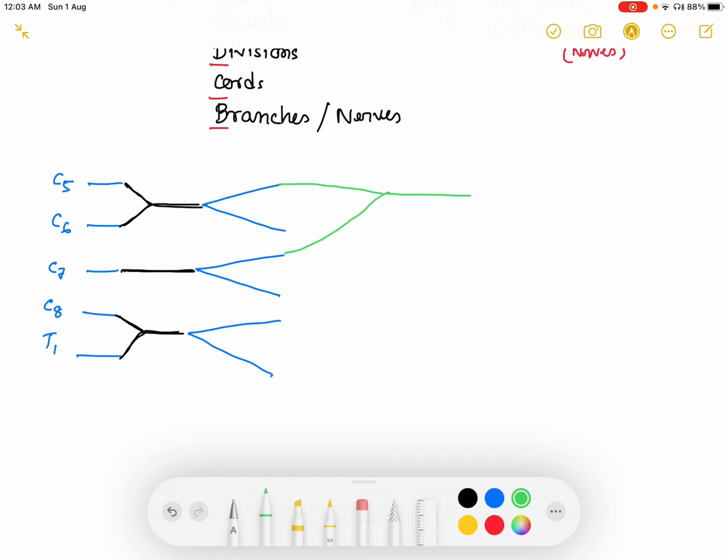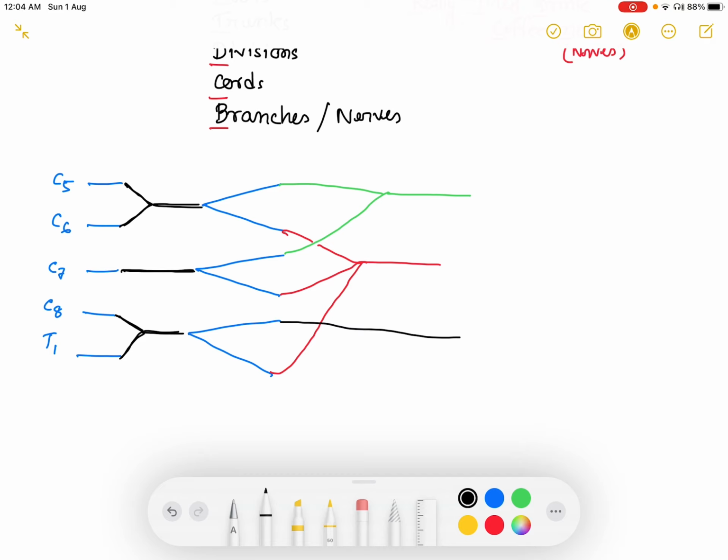The posterior divisions of the upper, middle and lower trunks join to form the posterior cord, and the anterior division of the lower trunk itself forms the medial cord. So these are the parts of brachial plexus.